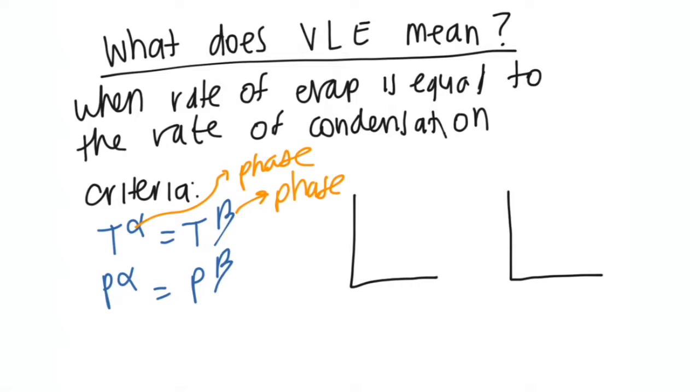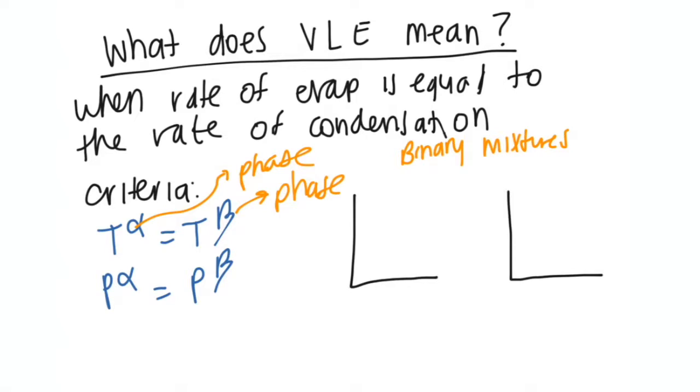Here I'm going to be talking about multiple species. This is typically a binary mixture. So I'm talking about vapor-liquid equilibrium between binary mixtures, like toluene and methane in a jar. What does this graph look like?